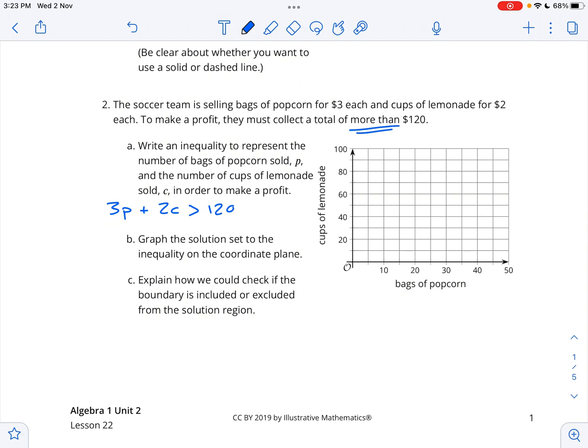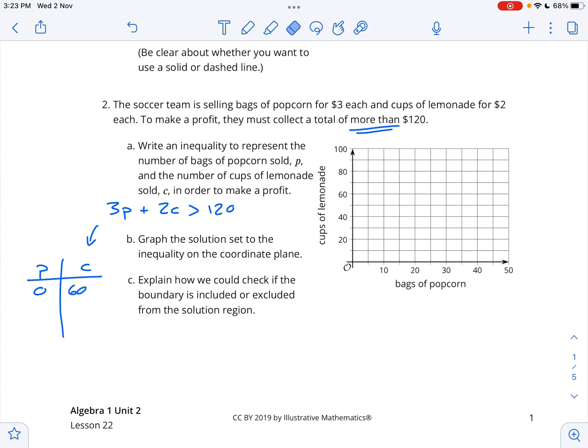Graph the solution set to the inequality on the coordinate plane. So on this one, I need to graph that inequality. I'm probably going to do the intercepts. I think that's going to be the easiest, although there are different ways that you could come up with the equations. So if p equals 0, what would c have to equal? It would have to equal 60, because 2 times 60 is equal to 120.